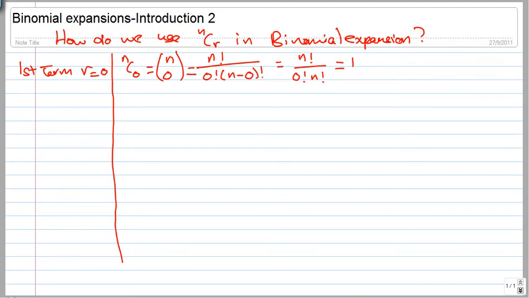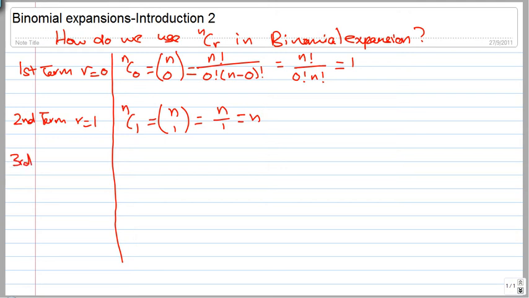And for the second term, r is equal to 1. So NC1, where r you replace with 1; in the first term, r you replace with 0. What you get is n over 1, which is equal to n.